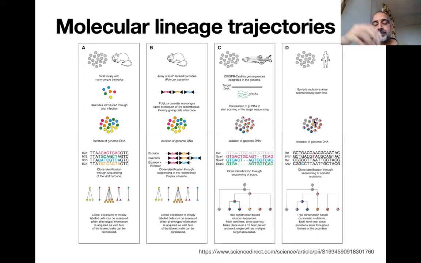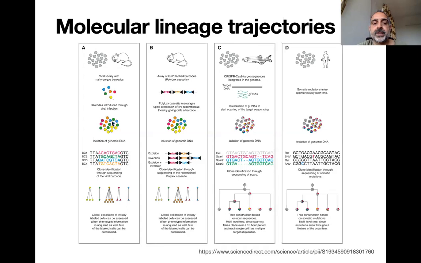So this may be a spontaneous process in human, for example, but you can start inducing this in different animals. Here you can infect various groups of cells with a virus, with a viral library that contains particular barcodes.